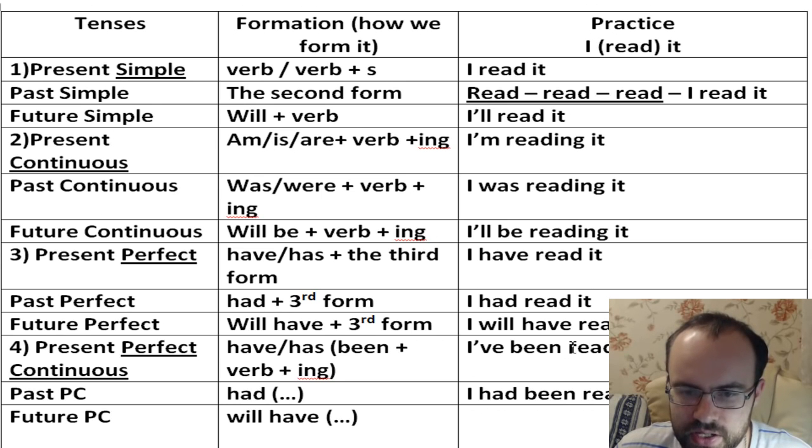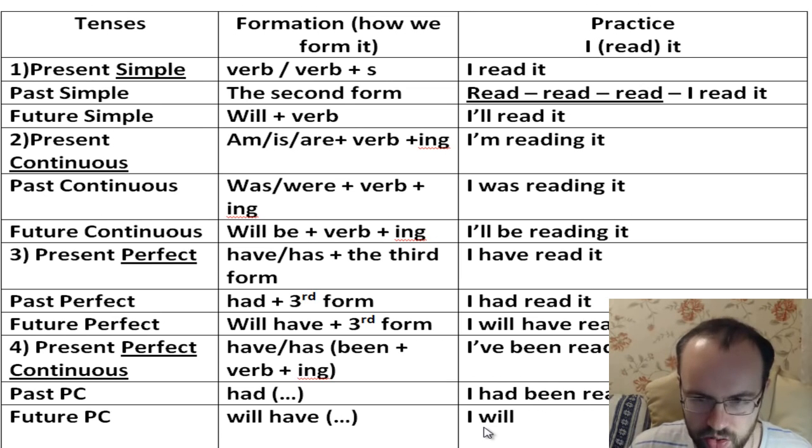Let's revise it very shortly. And I know that we don't have enough space. No problem, we have some examples, but I'll try to be short. I need to write it for myself. So I will have been reading it.